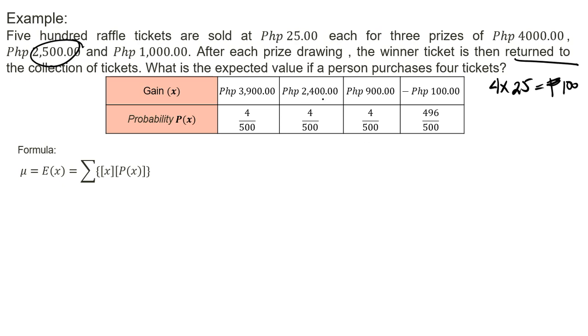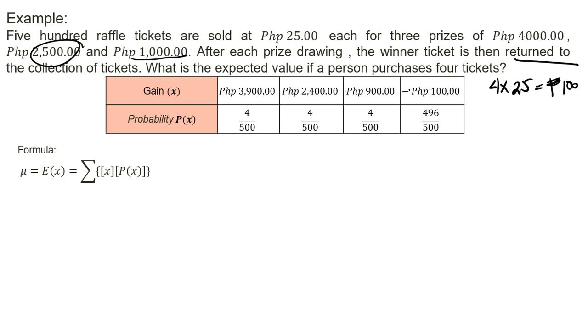At dun sa 2,400 na yun, meron ka ulit 4 out of 500 na chance na manalo. And then, sa third prize po, we have 1,000. Eh, meron kang 100 doon. 100 yung pinuhunan mo. So, 900 na lang talaga yung mapapanalunan mo. At meron ka ulit 4 out of 500 na chance para manalo.